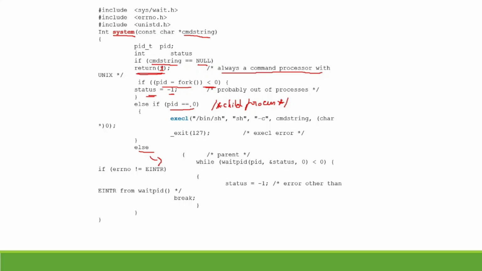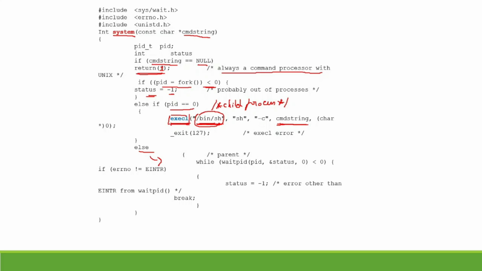If the PID is equal to 0, we call the exec function with the path name to the shell, so the shell is executed. What is passed as an argument to the shell is nothing but the command string. The value of the command string, which is nothing but the Unix commands, will be sent to the shell, whose path is specified here using the exec system call.